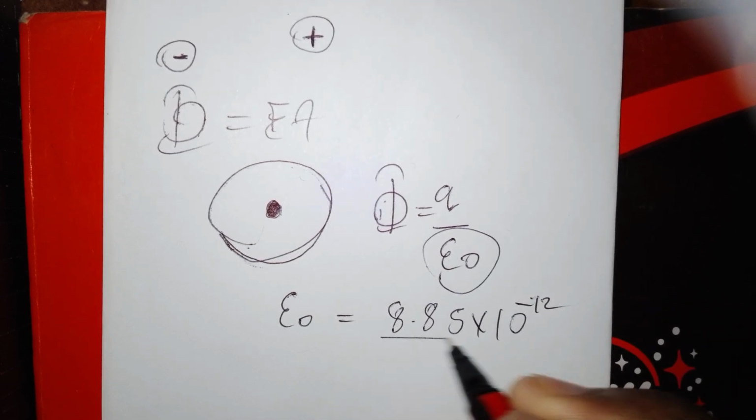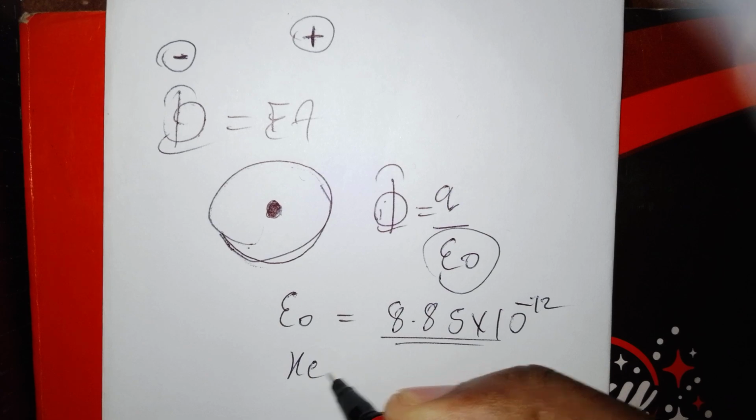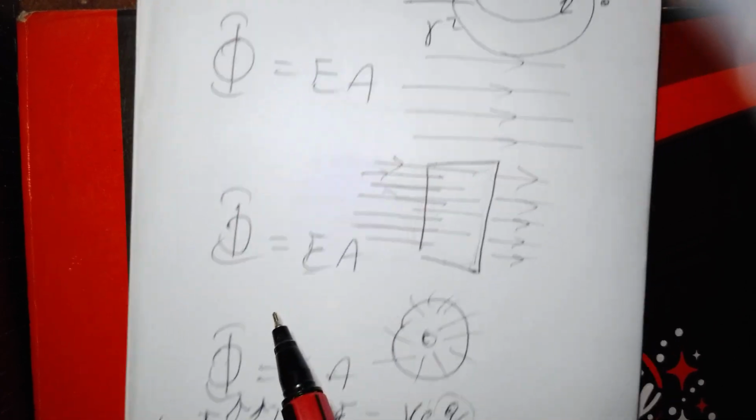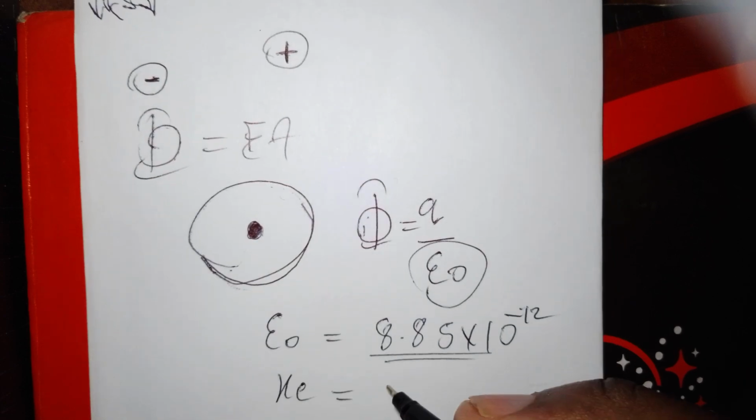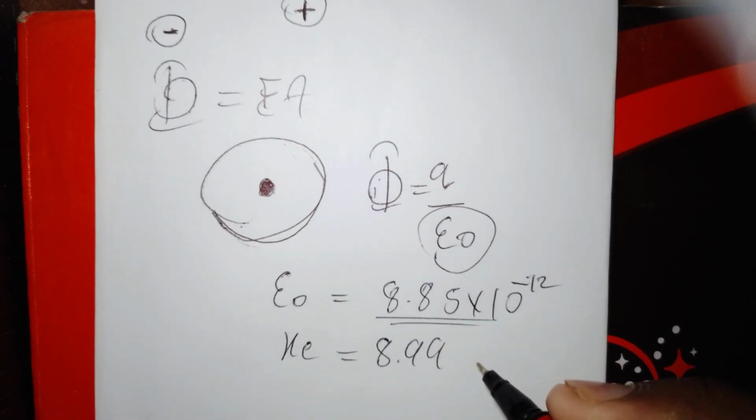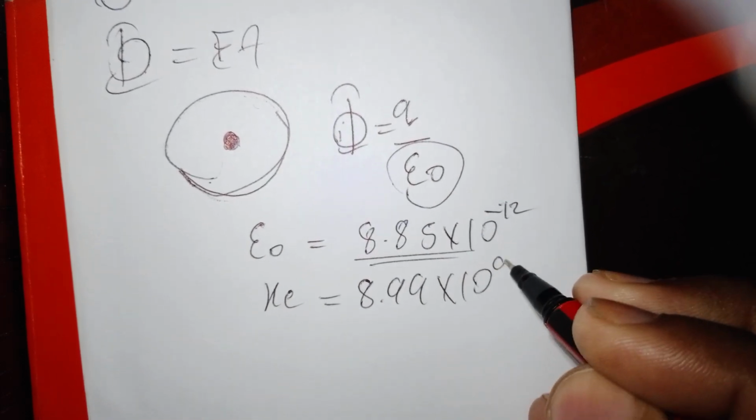The same way we know that Ke is given by 8.99 times 10 to the power positive 9.